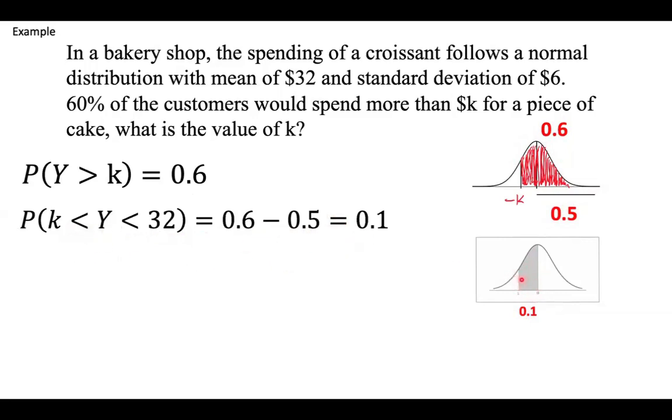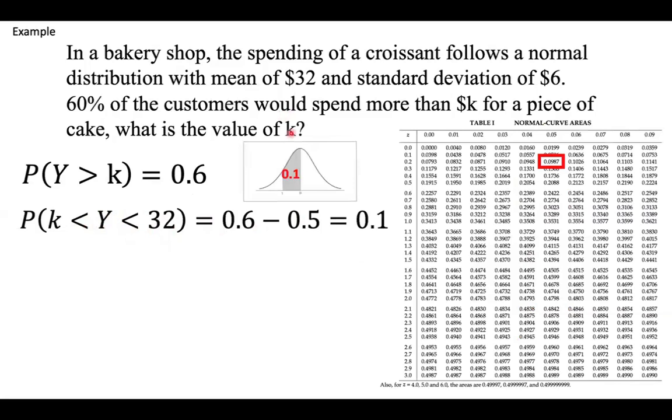In this expression, this is K, and 32 is the mean. If we were to convert it into a z-score, the mean would be 0. So 32 is the mean, the middle part, and K is here, so the area would be in between. Now let's look at the table for 0.1. We see 0.0987, the number that is closest to 0.1.